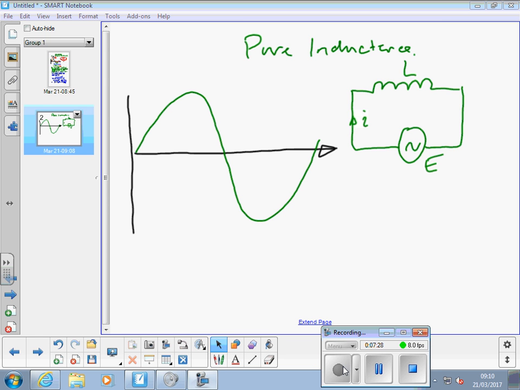With a pure inductor, we end up with a current phasor like so, that is 90 degrees out of phase with the voltage.